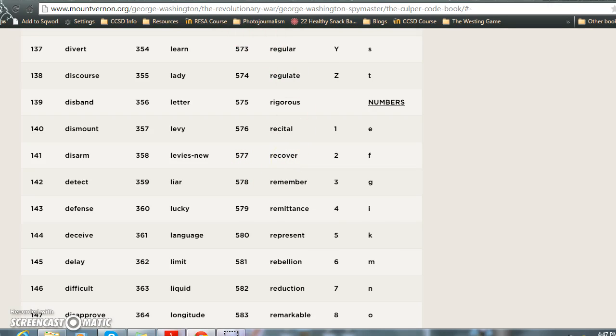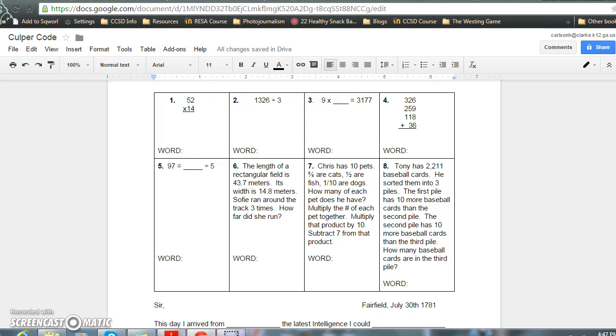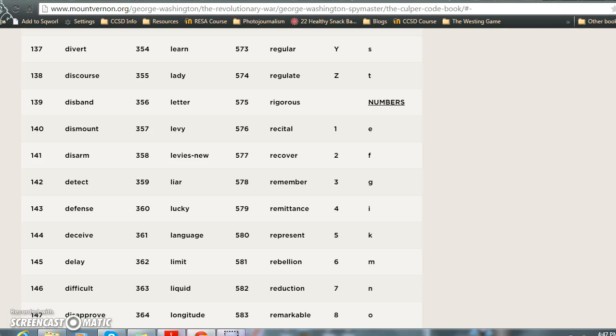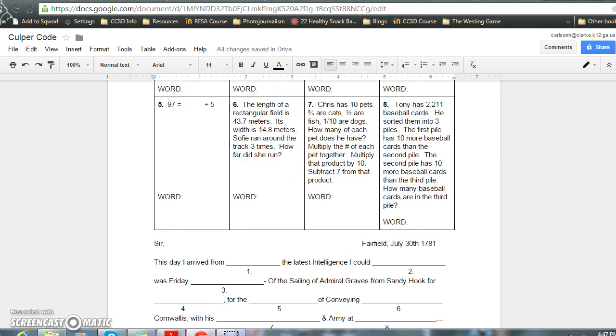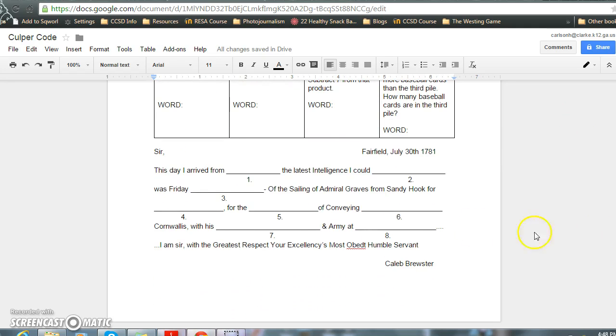So once you figure out the answer to the math problems, you go to the code book to figure out the word, then you fill in the word here next to word. Once you're done with that, then you come here and fill in those words on these lines, and that helps you figure out what this letter to General Washington was.